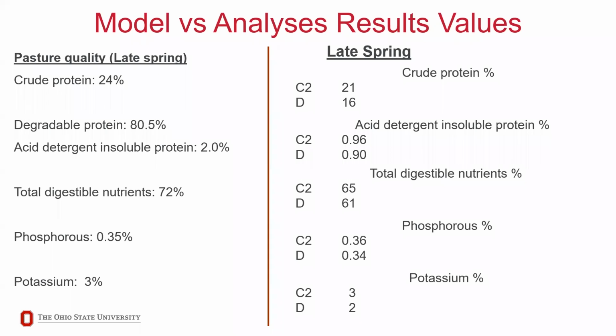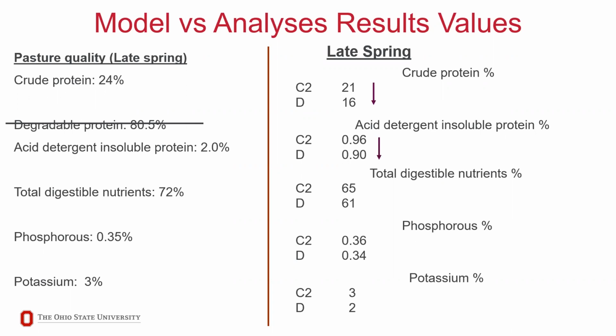In terms of crude protein, it was variable between the farm types. Overall, we could say the model was a little bit higher than what we actually saw for late spring. We didn't do the degraded protein, which is something that was in the model, but we didn't analyze for that. We can calculate it, we just haven't done that yet with the data that we have.